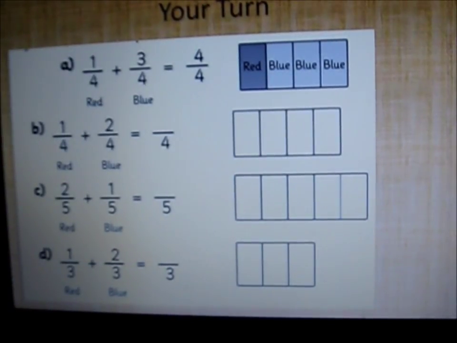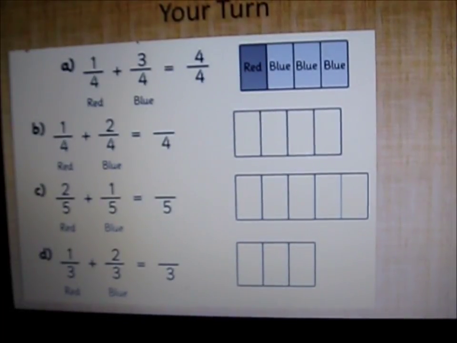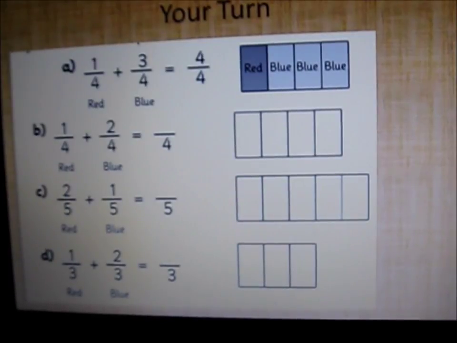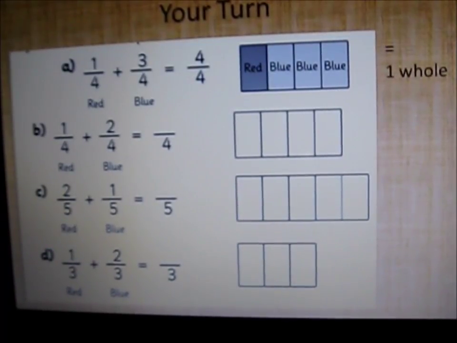Now it's your turn. Look at A. 1/4 plus 3/4 equals 4/4, or 1 whole.